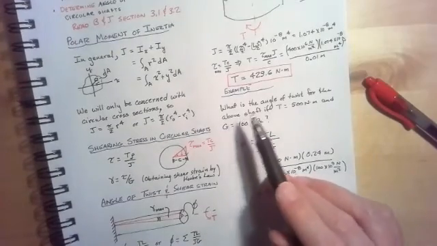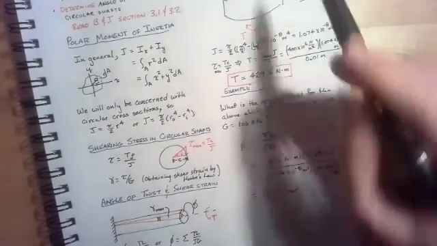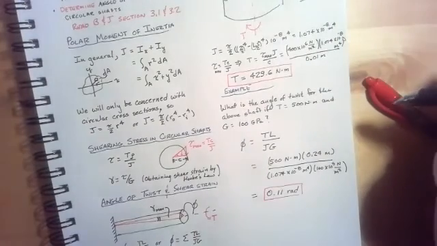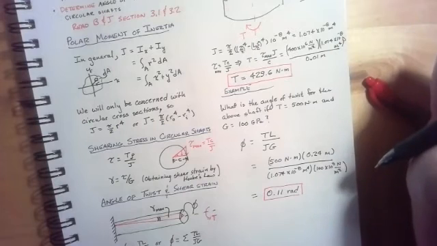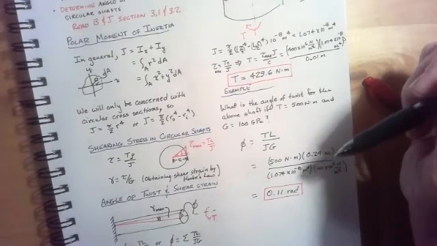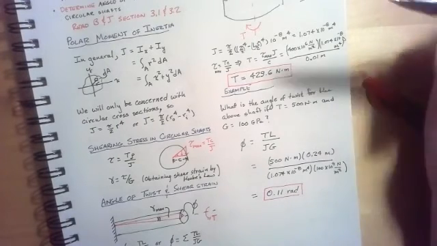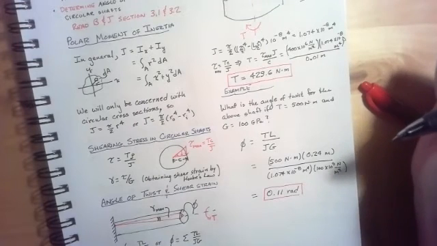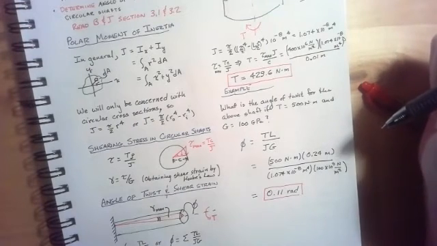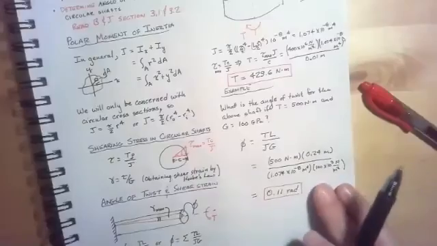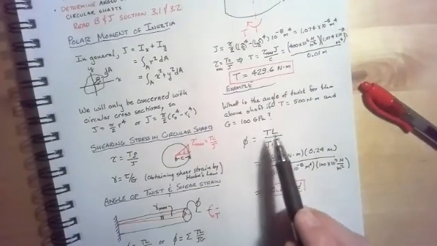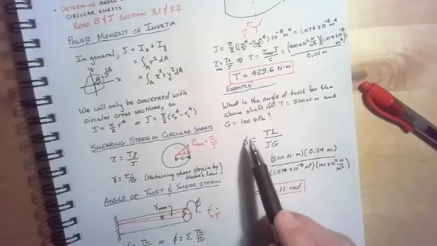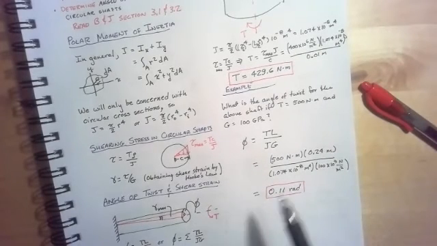Now let's determine the angle of twist for the same shaft if it was subjected to a torque of 500 Newton meters and G of 100 gigapascals. And of course, we're going to assume the shaft would not yield under these conditions. So for this particular instance, we need to apply phi is equal to TL over JG, the equation for angle of twist.